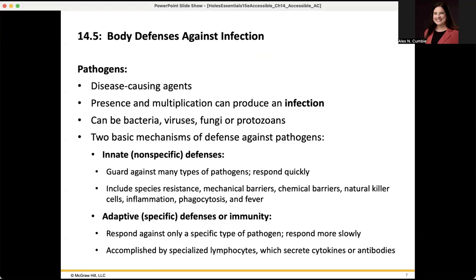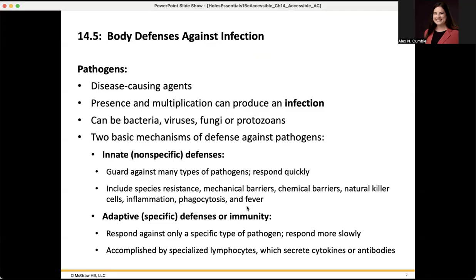So your body recognizes that something foreign is there, but it doesn't recognize any kind of specific antigen. It just knows that this is not supposed to be here. There are a lot of innate responses that are going to happen right away, responding quickly as soon as infection happens. These include species resistance, mechanical barriers, chemical barriers, natural killer cell formation, inflammation, phagocytosis, and fever, which we'll talk about.